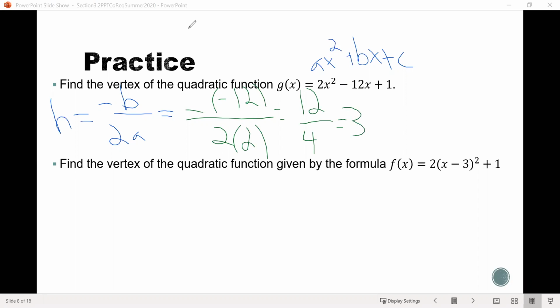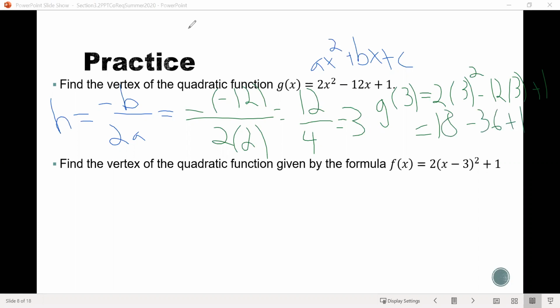And then recall that to find k, once we have h, we just plug the value for h in. So we do g of 3, which is going to give us 2 times 3 squared, minus 12 times 3, plus 1. Work that out. 9 times 2 is 18. 12 times 3 is negative 36, plus 1.